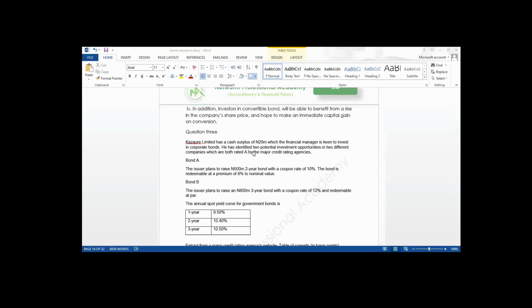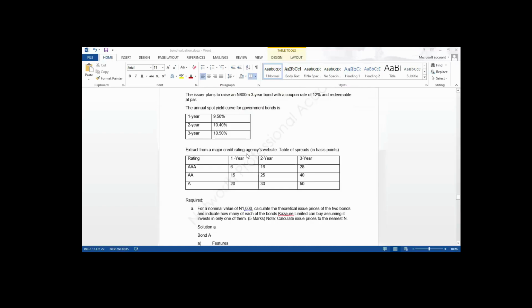He has identified two potential investment opportunities in two different companies, which are both rated what? A. Both companies are rated A. Company A with bond A is rated A. Company B with bond B is rated A. You now pick the credit spread of a corporate company.